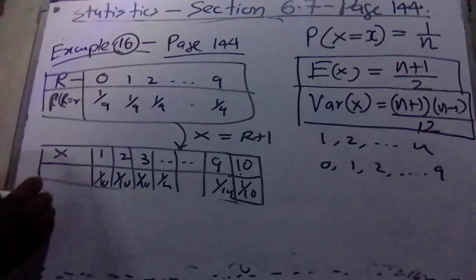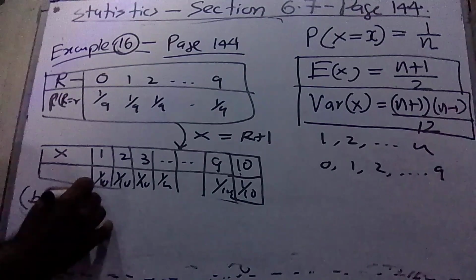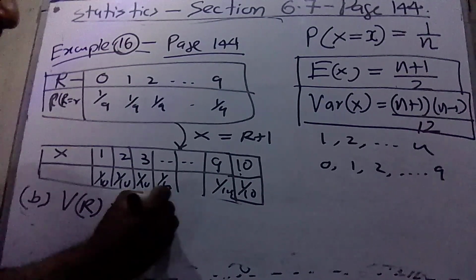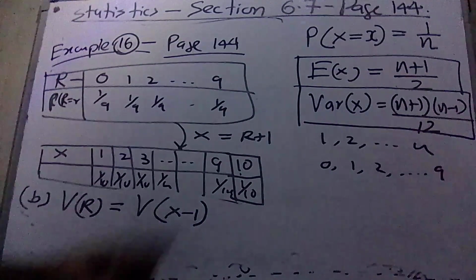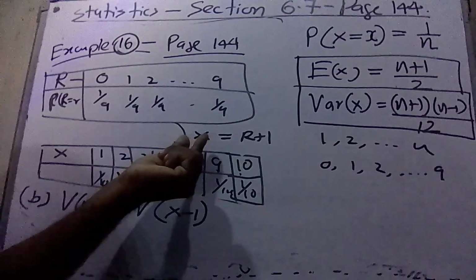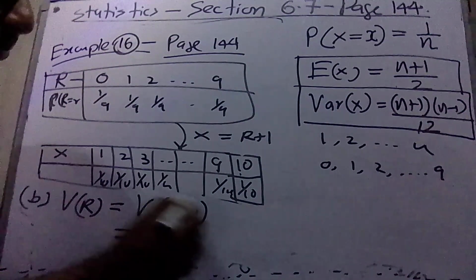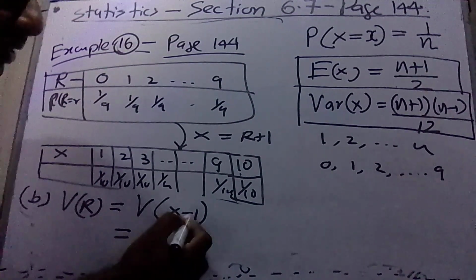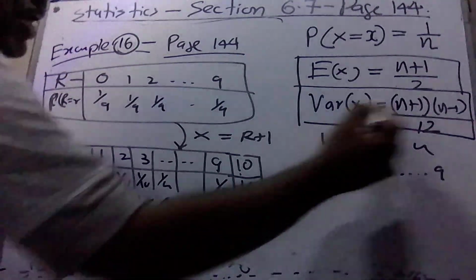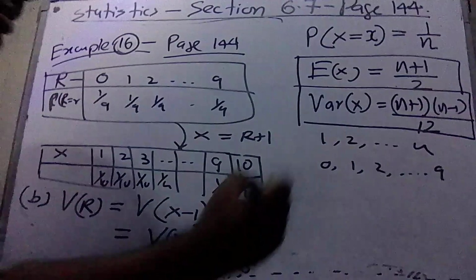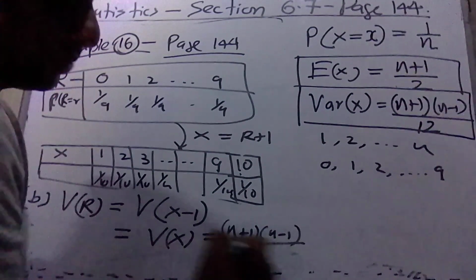Now we will do part B. They are asking the variance of R. So V(R) is equal to the variance of X minus 1. Making R the subject, and using the expansion I explained for the variance, this constant part vanishes, so we get the variance of X. Then we can apply our normal equation: (n plus 1) into (n minus 1) over 12.